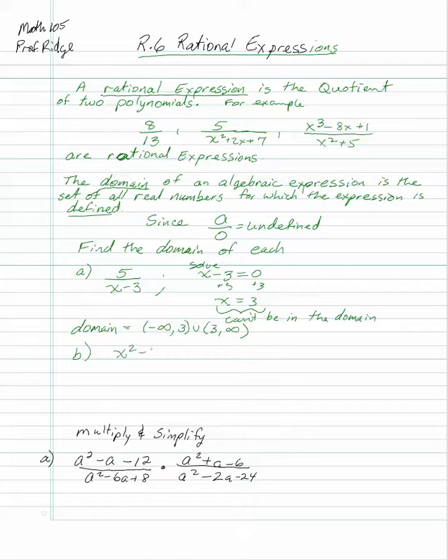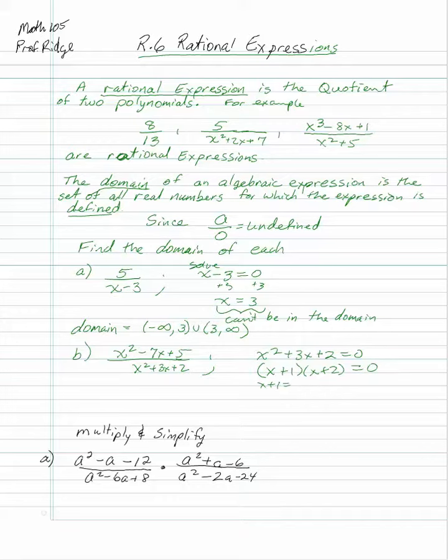say x squared plus 3x plus 2. So again, what you do is you let the denominator equal to 0, solve it to determine what's not in the domain. So factors of 2 that add to 3, 2 and 1. Signs are both positive.